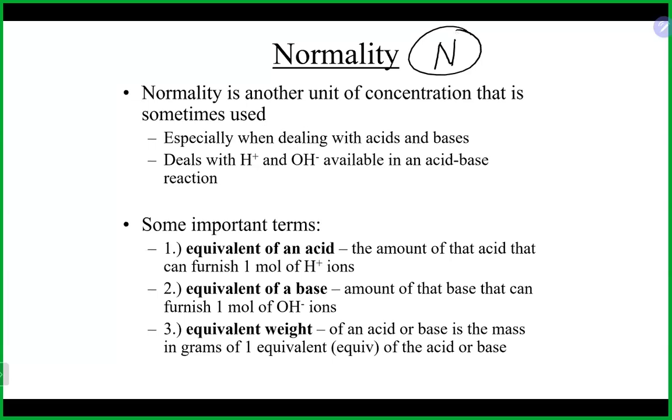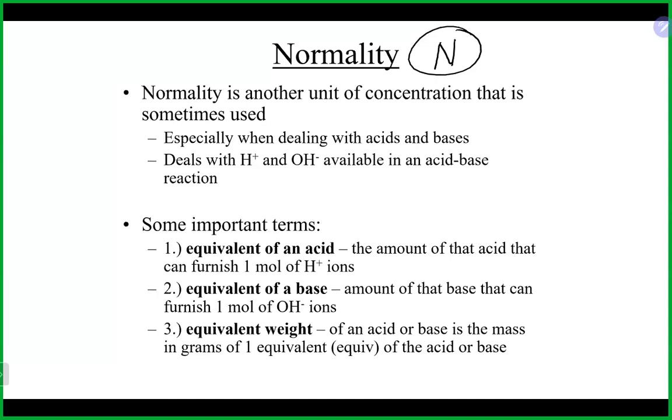Normality is, like I said, another concentration unit that is sometimes used, and it's oftentimes used with acids and bases. I'm trying to think. Sometimes they'll have it on the label of the sodium hydroxide or hydrochloric acid that we were using in that lab. I can't remember if it was on there or not. But it deals with how much H plus and OH minus there is available in an acid or a base reaction.